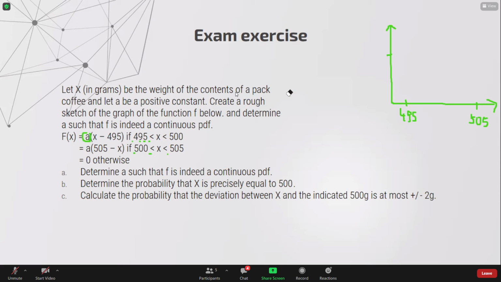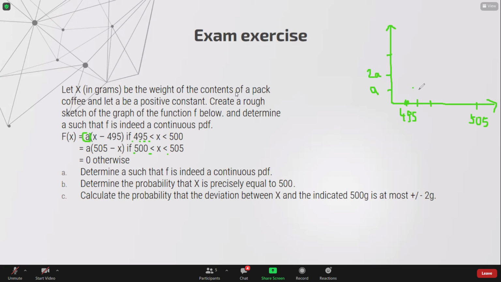So if we plug in the first number, 495, we would have 0A. So the graph at that point is here. If we have 496, it would be just 1A, somewhere here. Let's imagine this is A, and this is 496. If we have 497, the graph would be somewhere here, where it is 2A.